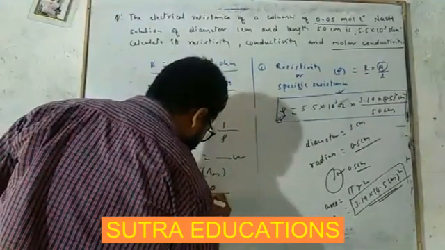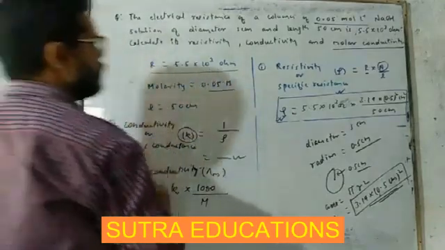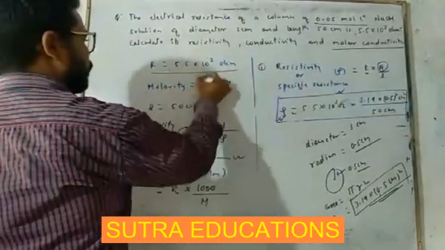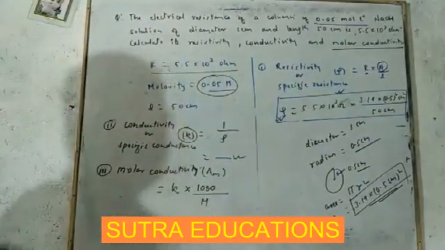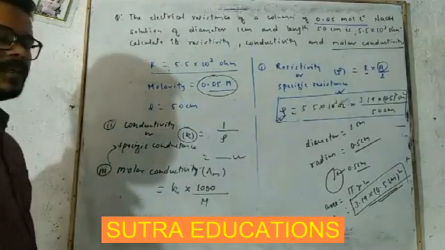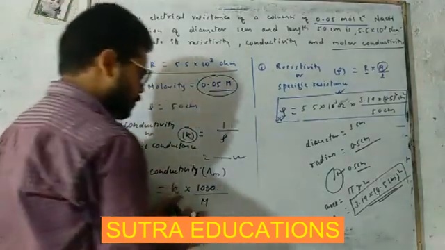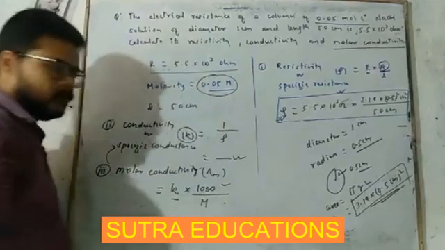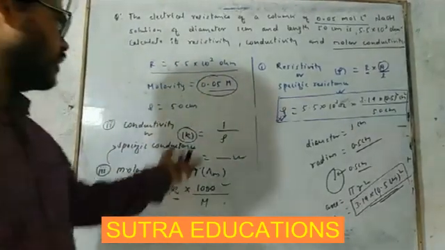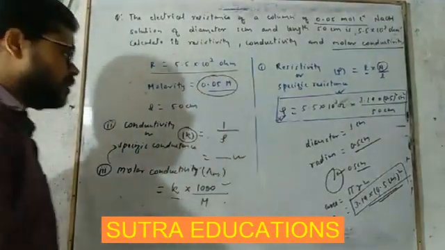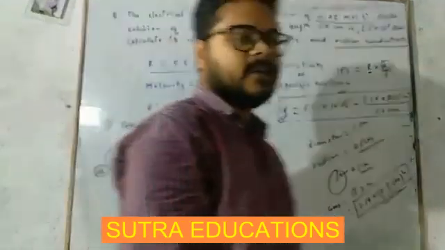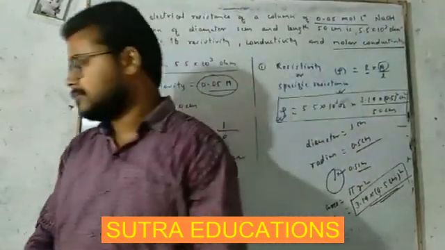Molarity is given here, and kappa we have calculated in the previous step. So multiply kappa by 1000 upon molarity, which is 0.05, and we will get the answer. Come to the next question.